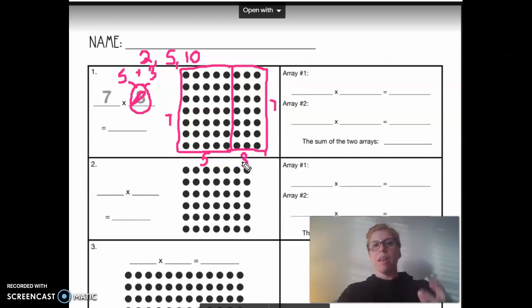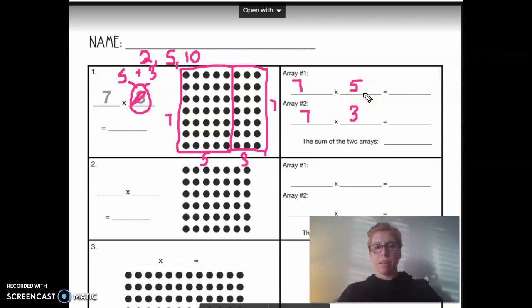You see that? Now we need to write that out over here on the right side of our paper. My first array is 7 by 5. My second array is 7 by 3. Now we need to also solve these and see how easy it is for us to multiply 7 times 5.